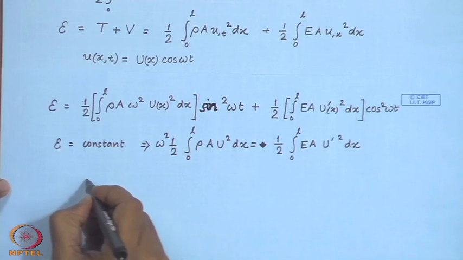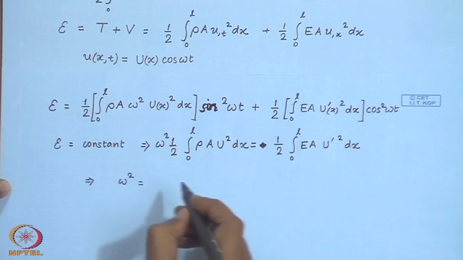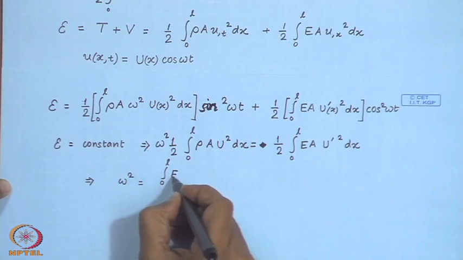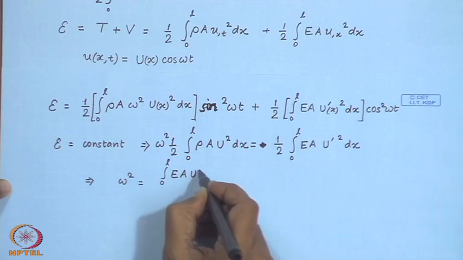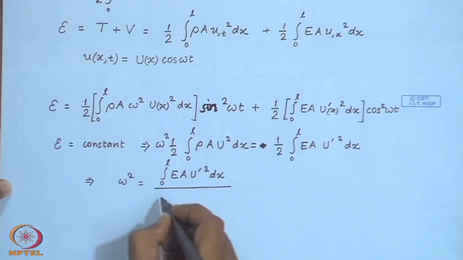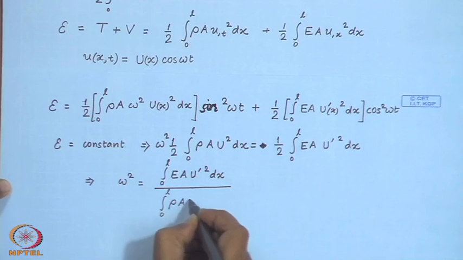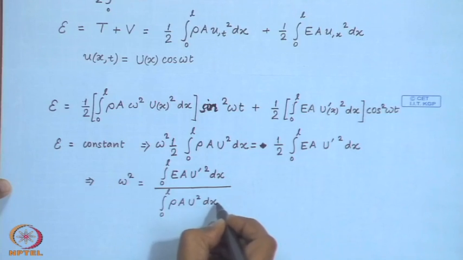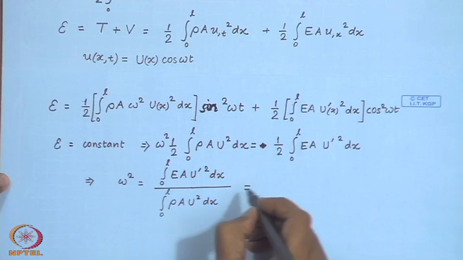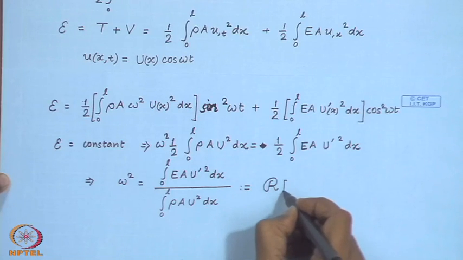Therefore, we obtain this ratio, which is defined as the Rayleigh quotient.